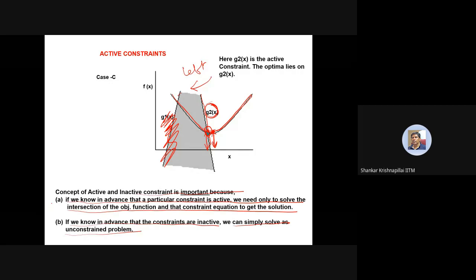Later we'll study some complicated algebraic methods to check if a constraint is active or inactive, but those methods are as difficult as solving the optimization problem.